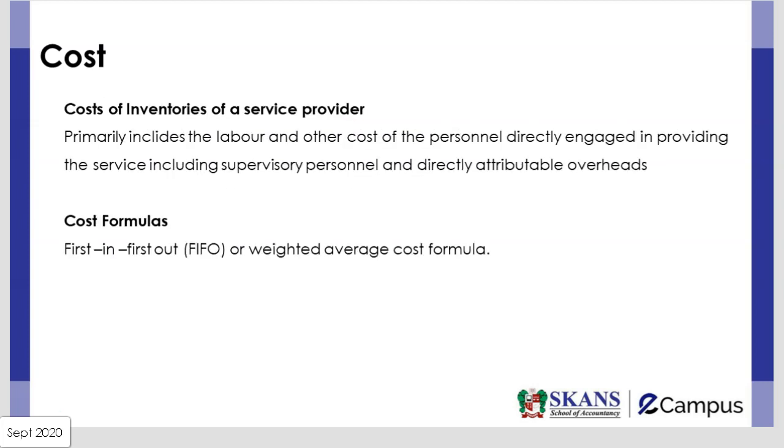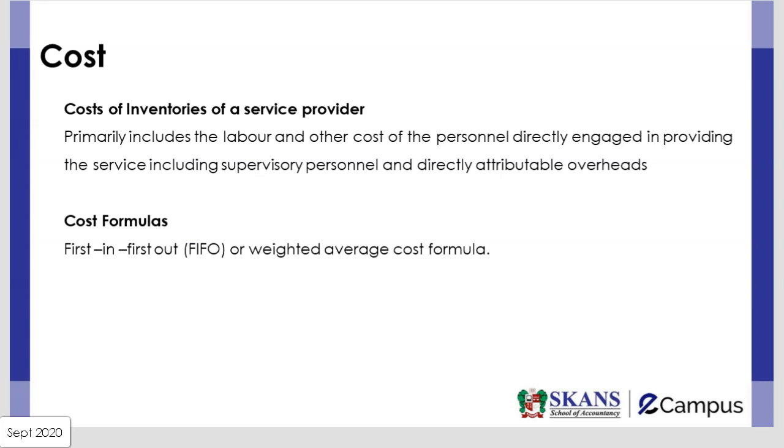In case of a service provider, normally when students or we go in the practical field, the confusion arises: would there be any cost of inventory in case of a service provider? So yes, cost of inventories for a service provider primarily includes the labor and other costs of the personnel directly engaged in providing the service, including supervisory personnel and directly attributable overheads.